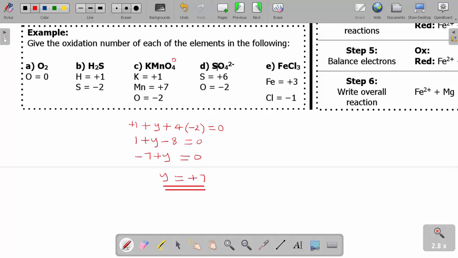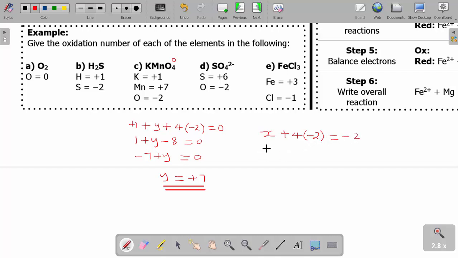So for sulfur, if I want to know whether it is +6 and I don't know, what do I do? I can say, let the oxidation state for sulfur be X. So I'm going to say X, plus the one for oxygen, but there are 4 here, so plus 4 multiplied by -2, and then I'm going to equate to the charge. My charge here, as you can see, is -2.